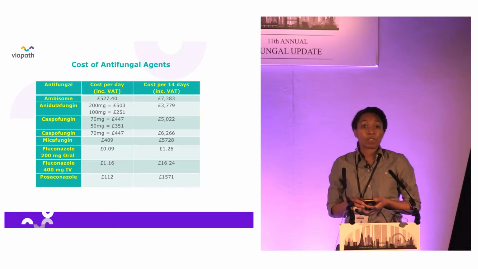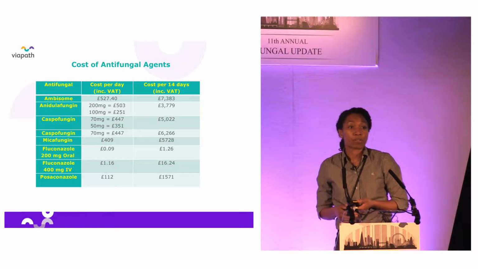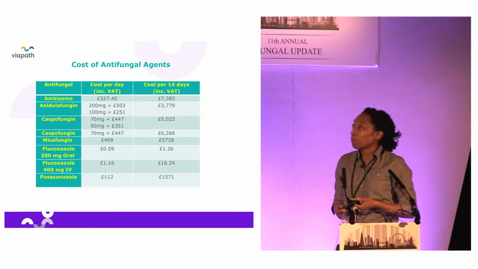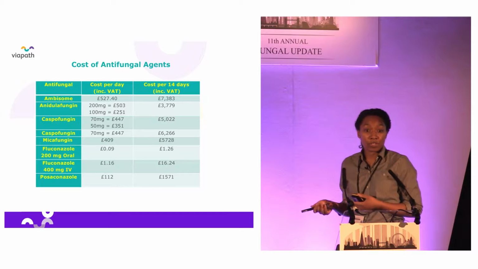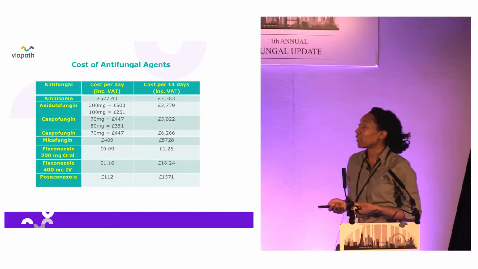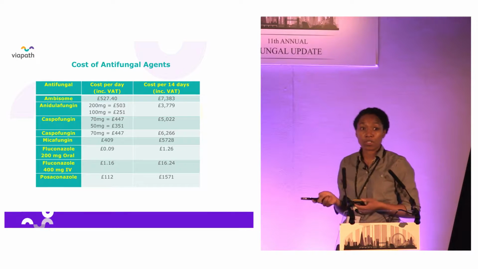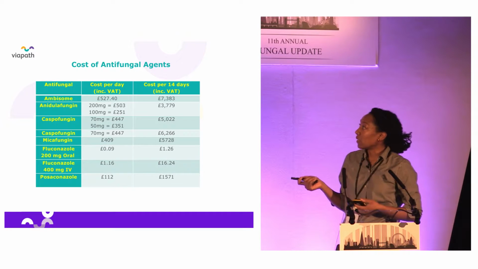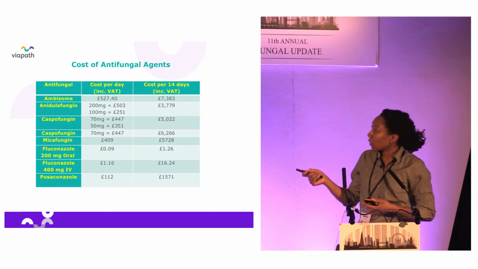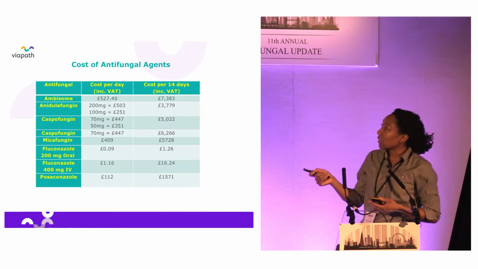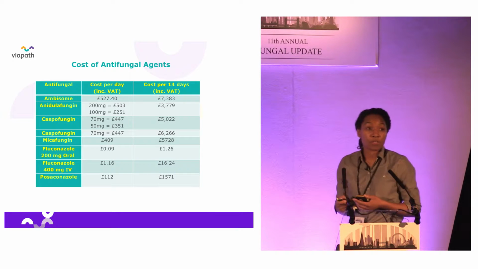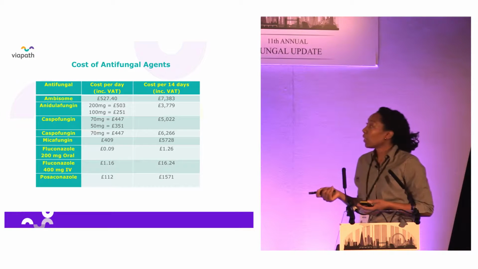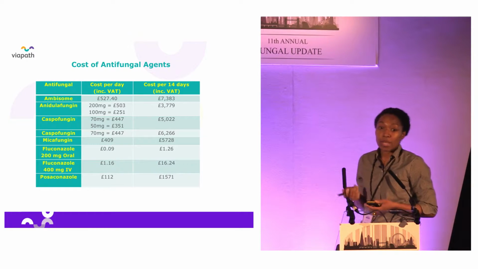This table just covers some of the antifungals that are available to us. It's by no means extensive because I've not included voriconazole, for example, and I appreciate the costs are different between trusts. But just as an idea, it's possible to see that if we have suspicion of a systemic fungal infection, often the go-to drug is AmBisome.